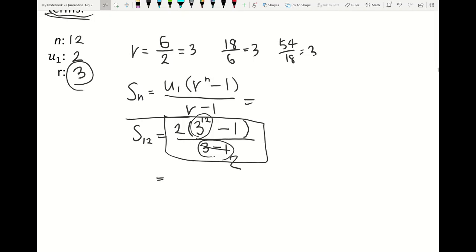And then minus 1, enter. And then multiply that by 2, which is, so I get 1062880, divided by 2.